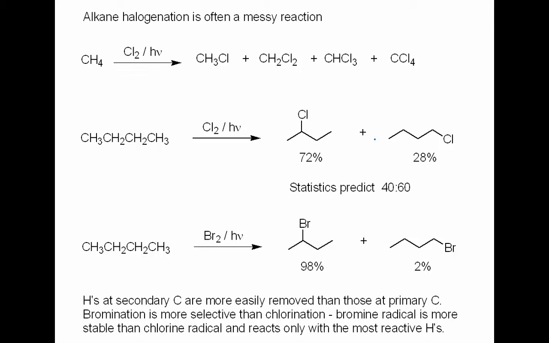And just one comment before we do that about this reaction. This reaction is a little bit hard to control. It's hard to get really good yields of products, and that's because the reaction is not restricted to monohalogenation. If you take methane and a large excess of chlorine, you can start to get multiple halogenation products.